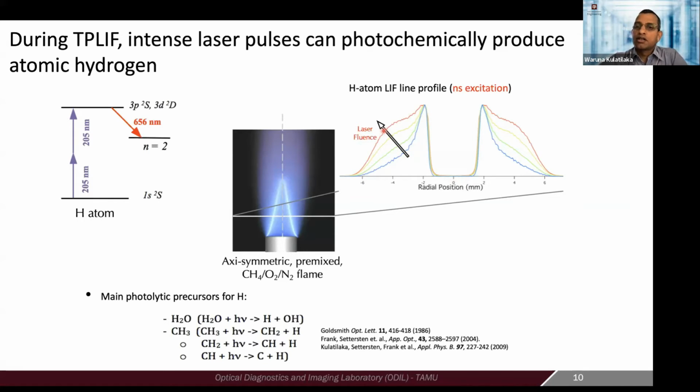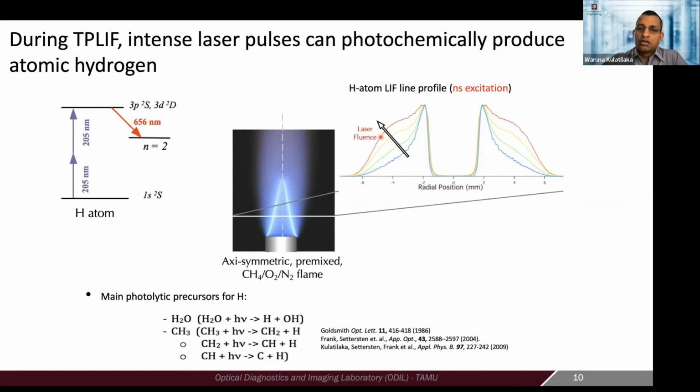This is an indication your laser is actually perturbing the medium. This high energy nanosecond laser is dissociating some of the other flame radicals and creating extra hydrogen atoms, especially in the product part of the flame.